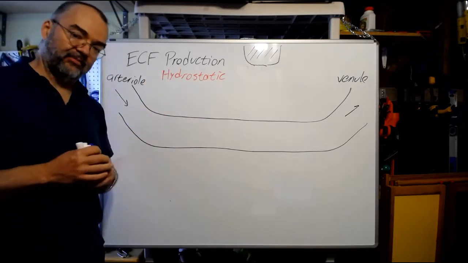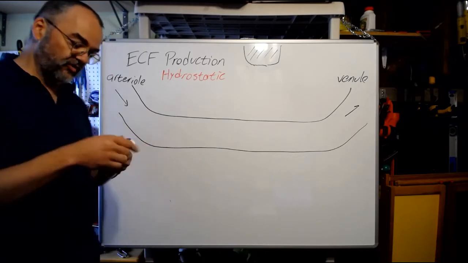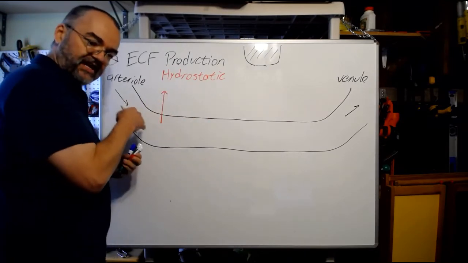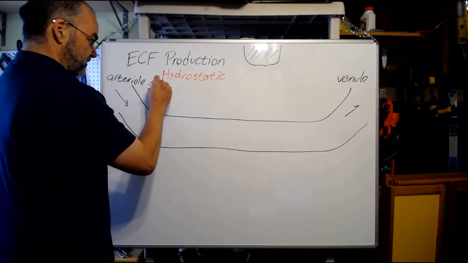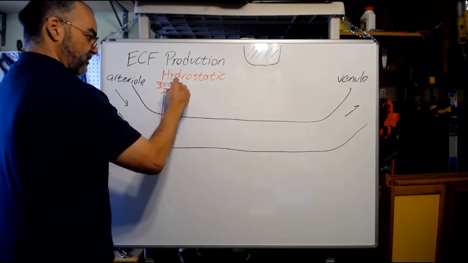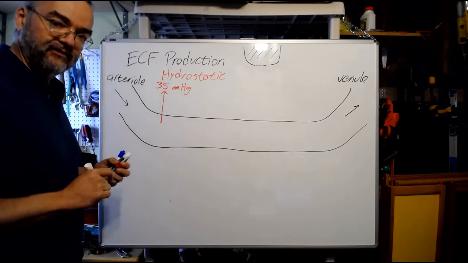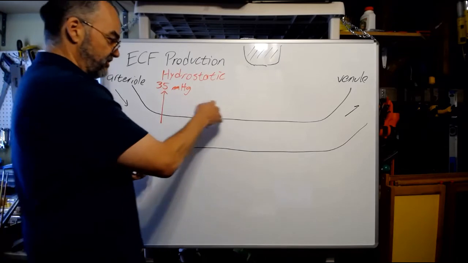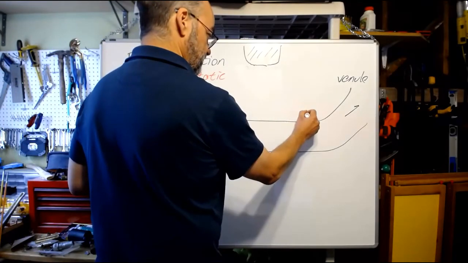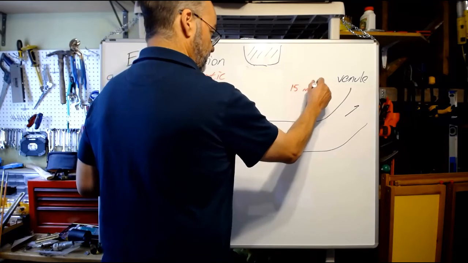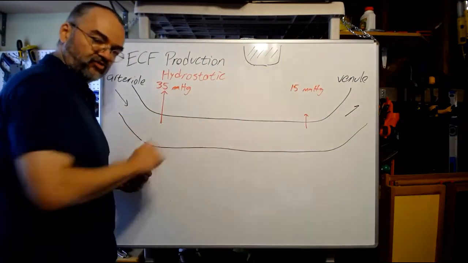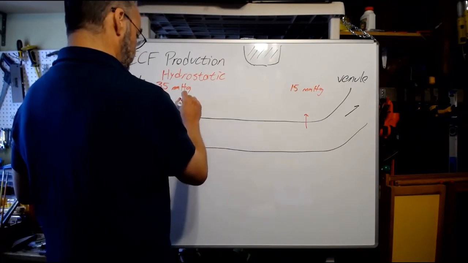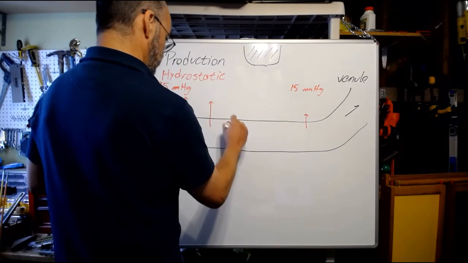Here where we get to the capillaries, our pressure has diminished to the point where the outward hydrostatic pressure at the arterial side of the capillary is somewhere around 35 millimeters of mercury. So 35 outward. That's the force pushing water out of this capillary. That force diminishes over the length of the capillary till by this side it's down to about 15 millimeters of mercury. Remember, pressure drops with distance from the heart. So we can draw these arrows getting smaller as we go along.